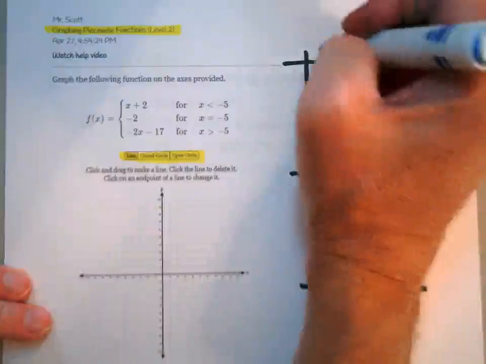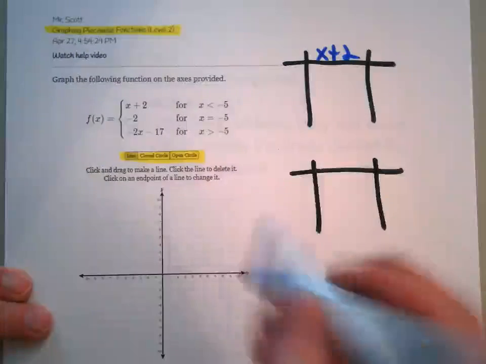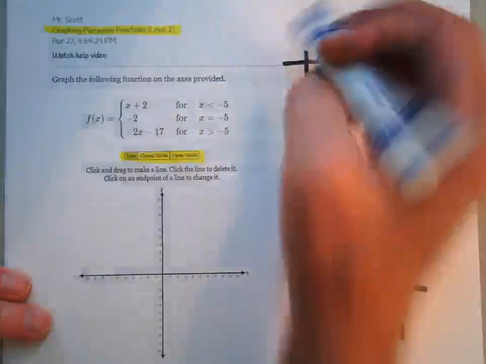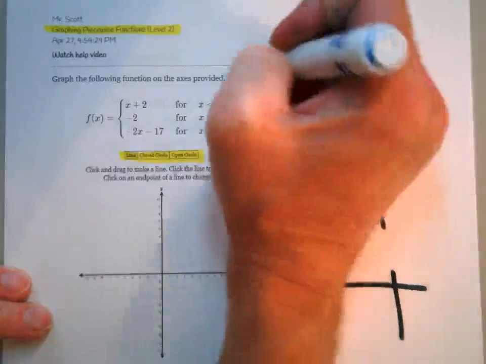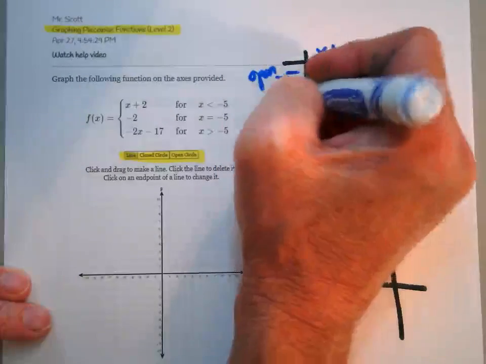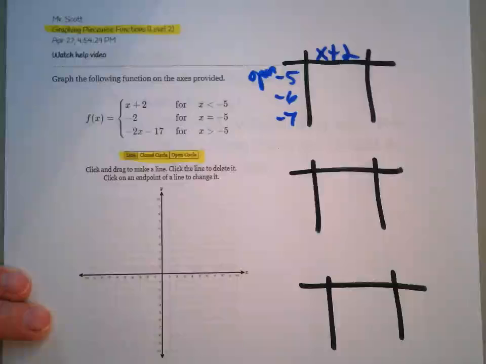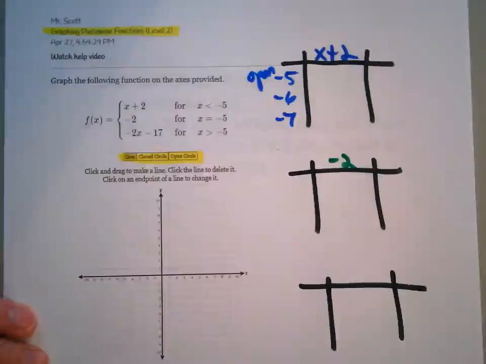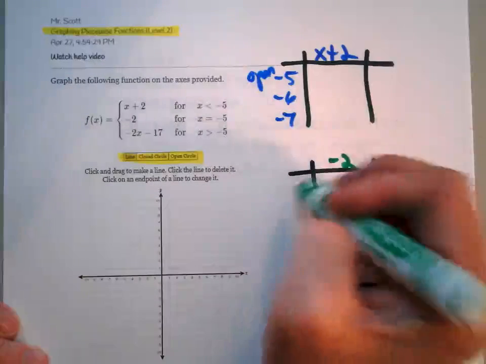So we'll start with x plus 2 for values that are less than negative 5. So we'll start with negative 5. We'll have an open circle right there. Things that are less than negative 5 are negative 6, negative 7. For the middle one, we're going to do negative 2, and we're only going to use it for negative 5.